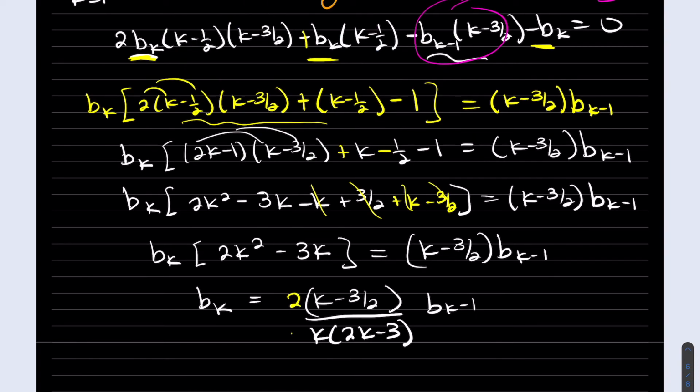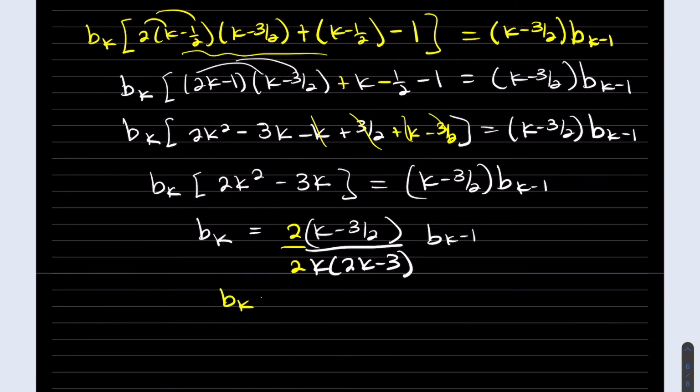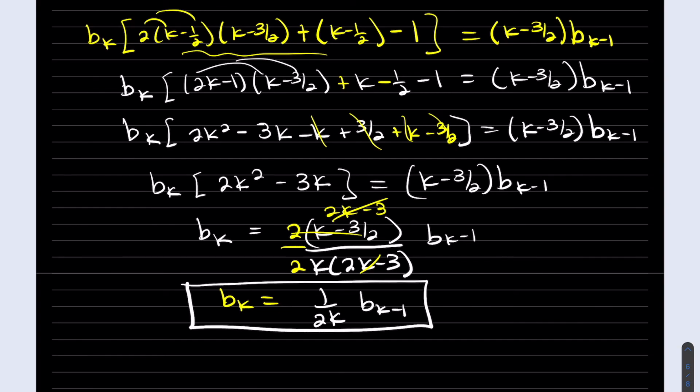And then if you notice, this becomes 2k minus 3, so those cancel. And there's our recursive statement.